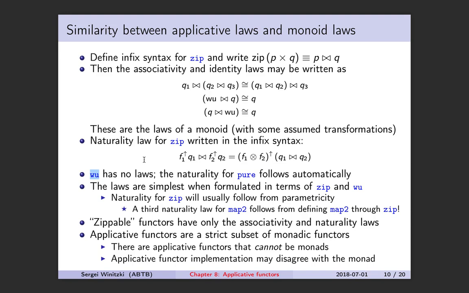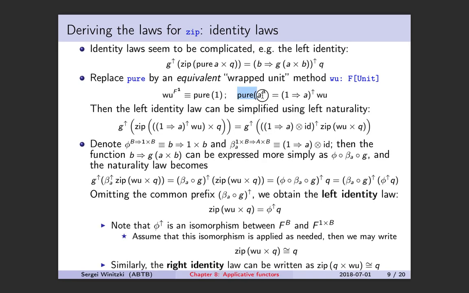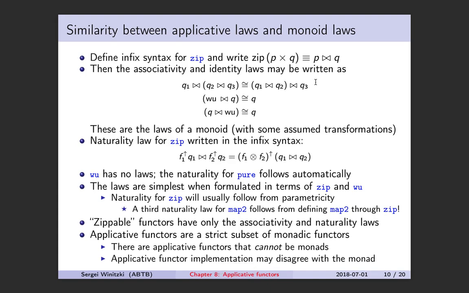The naturality law for pure will follow automatically from the definition of pure through the wrapped unit. This is, again, the pattern we have seen, where one equivalent method is simpler than another, and it is equivalent nevertheless, and the other method is expressed through the first method using some Fmap. So that's a very similar pattern.